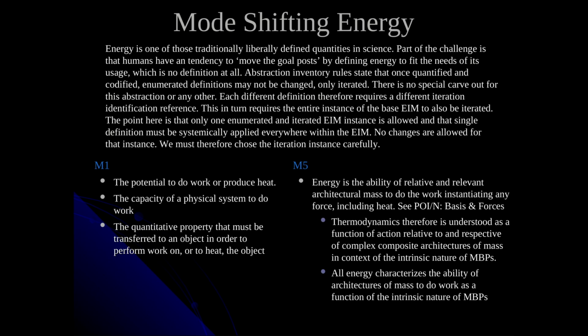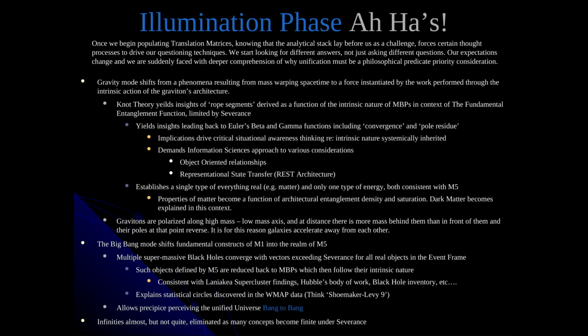And in the process of doing that, we will understand better what energy really is and means relative to the emergence model. So when we look at the holistic set of ahas we had from the illumination phase, we've already done the recognition.